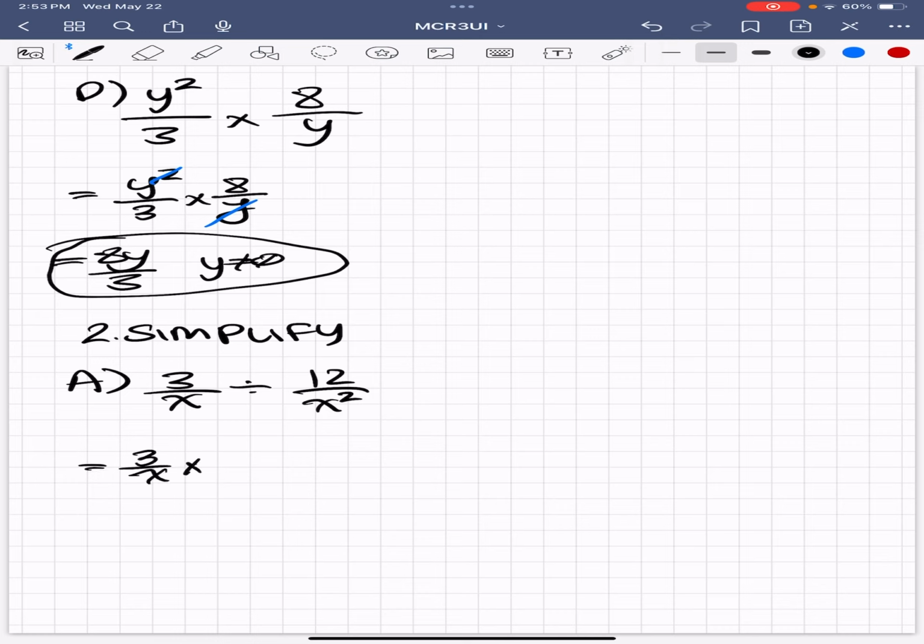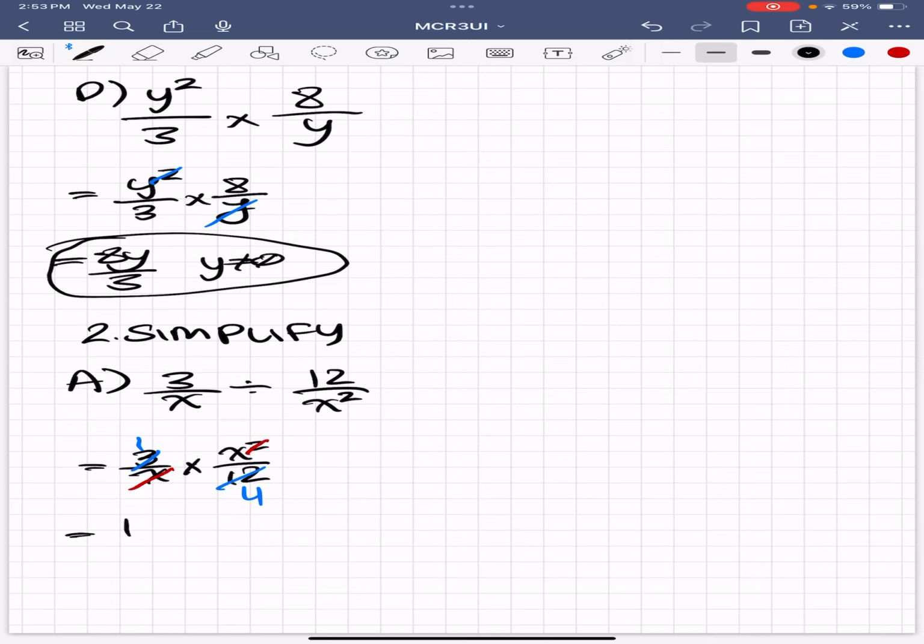Remember, it's never divide, it's flip and multiply. 3 and 12 are divisible by 3. So 3 would be 1, and then 12 would be 4. And then x would be crossed out, so cross out this x, and then cross out that 2.